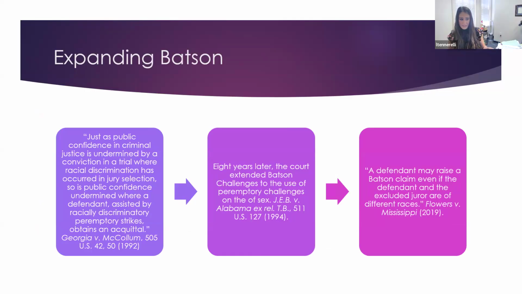Then it gets expanded to peremptory challenges on the basis of someone's sex, so people being struck because they are male or female. Then they clarified that it's okay for someone to make a Batson challenge, even if they aren't the same race as the juror who is struck.